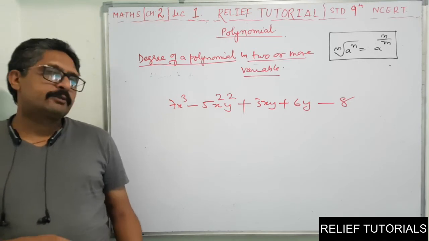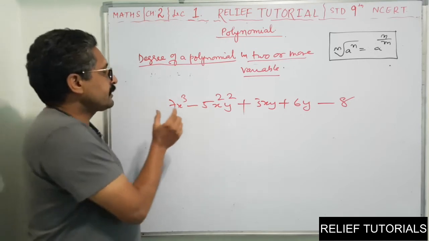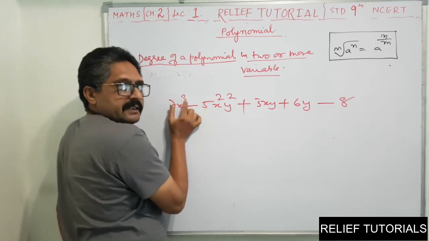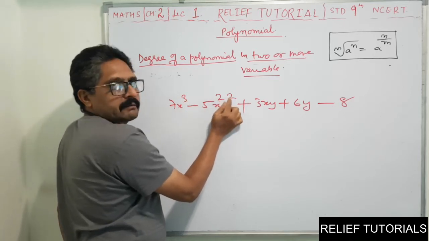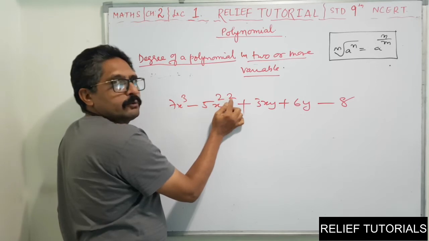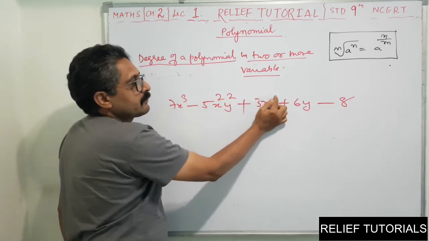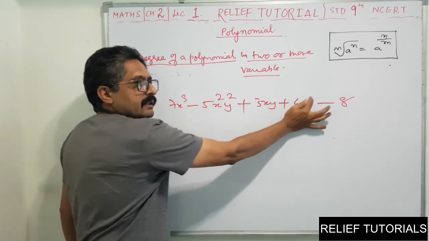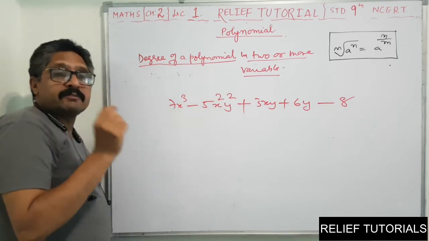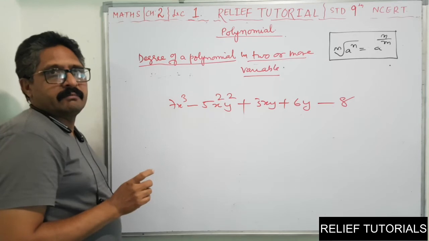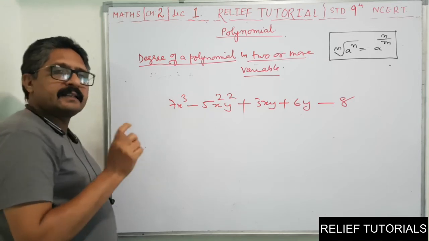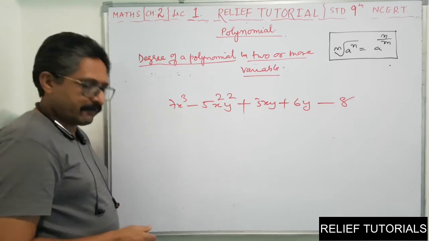So here you have to find it in each term. See, here the power of variable x is 3. Here there are 2 variables x and y, so you have to add their powers. 2 plus 2, 4. Here it is 1 and 1, 1 plus 1, 2. Here it is 1. So sum of the powers of variables in each term you have to calculate, and the highest among them is called degree of polynomial.